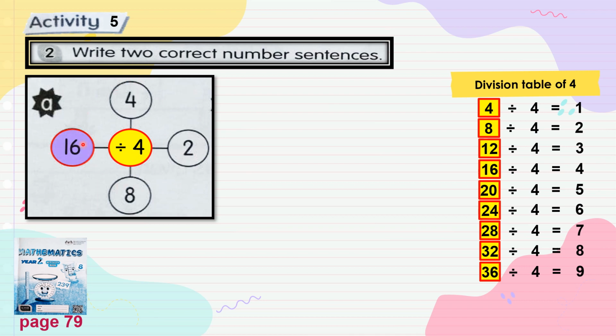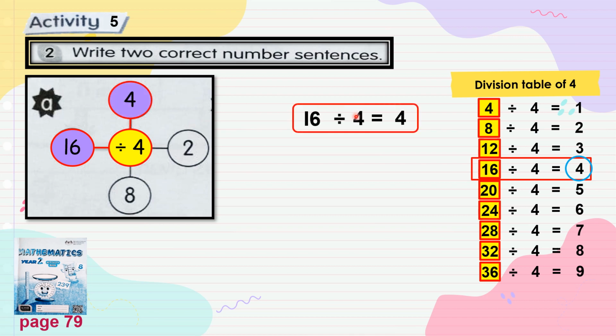Yes, 16. 16 divided by 4 is equal to, okay, what is the answer here? Let's refer to the division table. 16 divided by 4 is equal to 4. So the answer is 4. 16 divided by 4 is equal to 4.